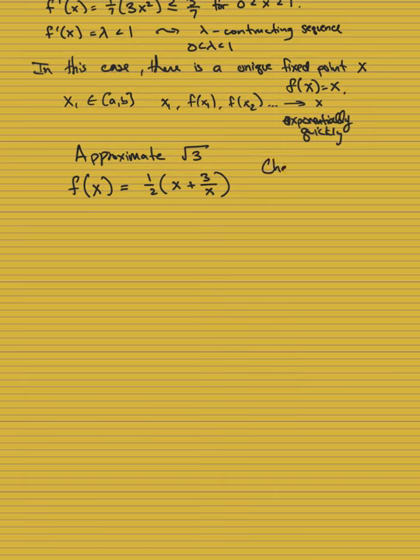You can check that if x is equal to plus or minus square root of 3, we get that f of x is equal to x. I want you to show, as an exercise, that f is contracting on an interval.